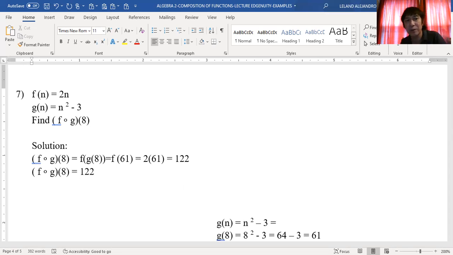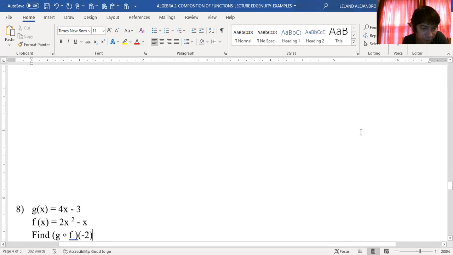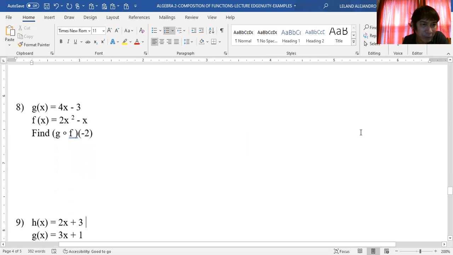So the instruction here is find the value of f of g when the value of the variable is 8. Okay, so let's continue with number 8.